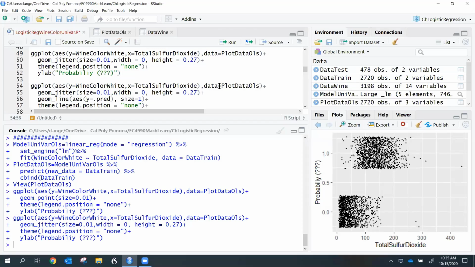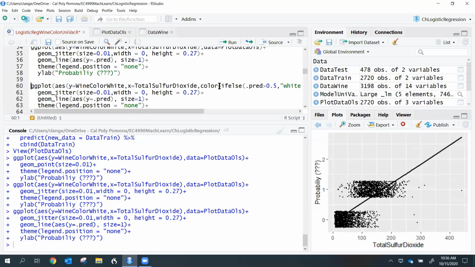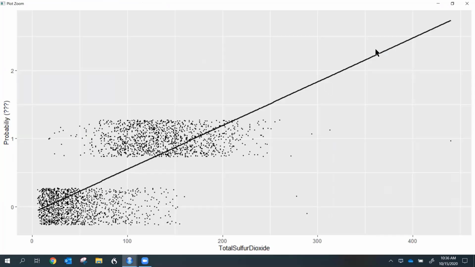I run a regression, or I use the results from the regression that I did already run. And here we are. Here is actually our regression line. It goes through there. So now we can use the regression line to predict. Let's say we have a wine that has a sulfur dioxide level of 100 units.